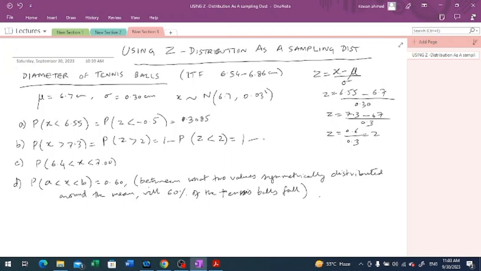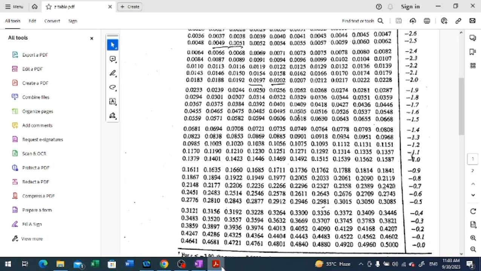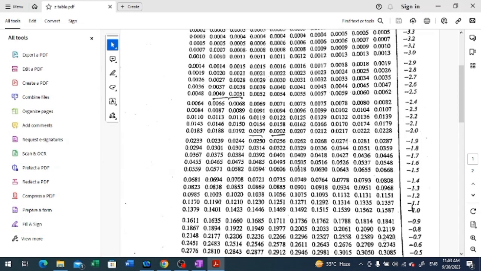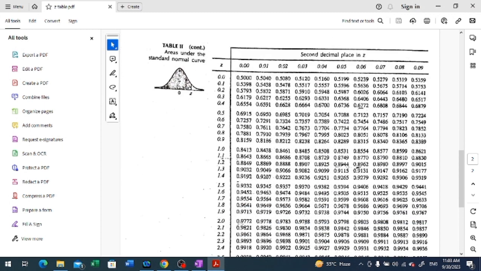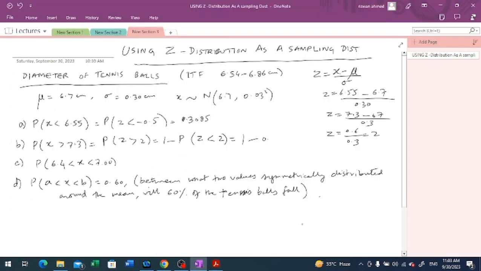Referring to the table, across z value of 2 this is 0.9772. So 1 minus 0.9772 gives us 0.0228 as the answer.